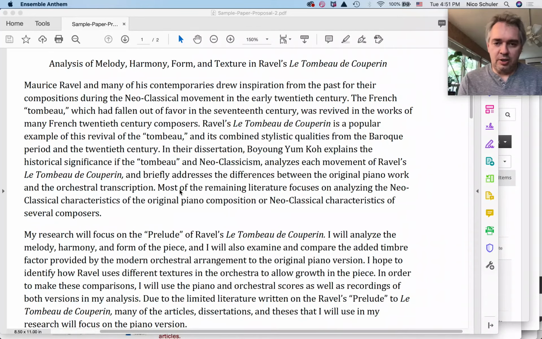And so here is a discussion of some other literature on that topic. In the dissertation, Byung-Yum Ko explains the historical significance of the tombeau and neoclassicism, analyzes each movement of Ravel's Le Tombeau de Couperin, and briefly addresses the differences between the original work and the orchestral transcription. Most of the remaining literature focuses on analyzing the neoclassical characteristics of the original piano composition or neoclassical characteristics of several composers.